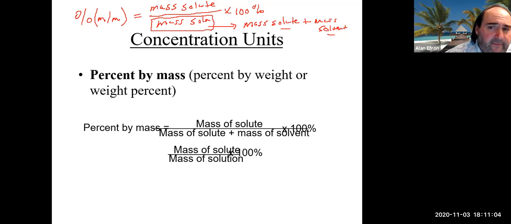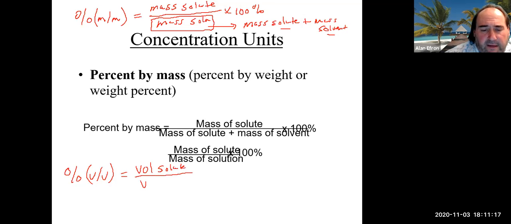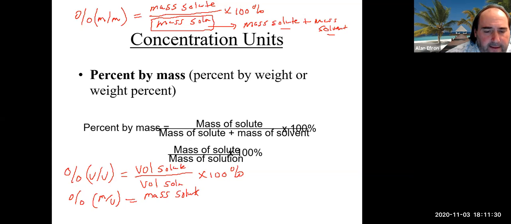There's also a couple of other percent units that are very common. We could have percent volume to volume, like an alcohol here. That is the volume of solute divided by the volume of solution times 100%. And there's also percent mass to volume, which is the mass of the solute divided by the volume of solution times 100%.